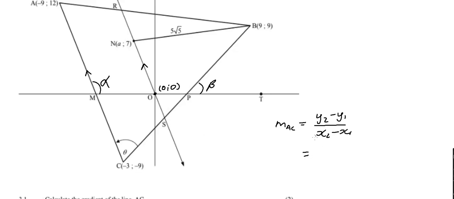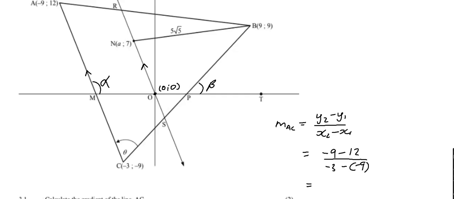So if C has our y2, we will say -9 minus A that has our y1, which is 12, over x2 is going to be -3 minus -9. Make sure all the negatives that appear are also present.